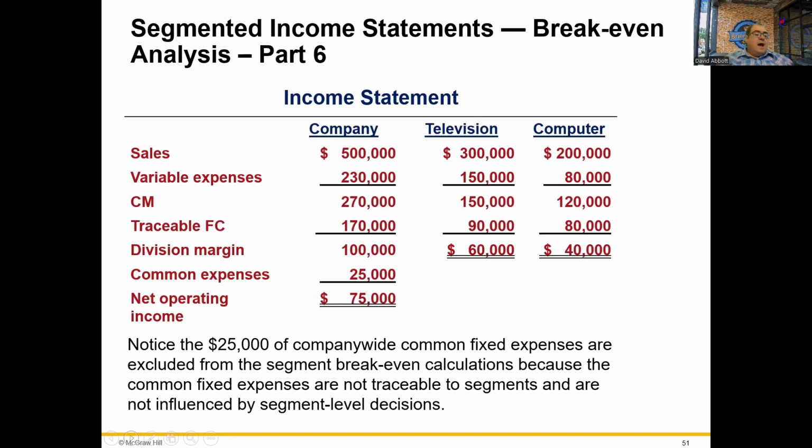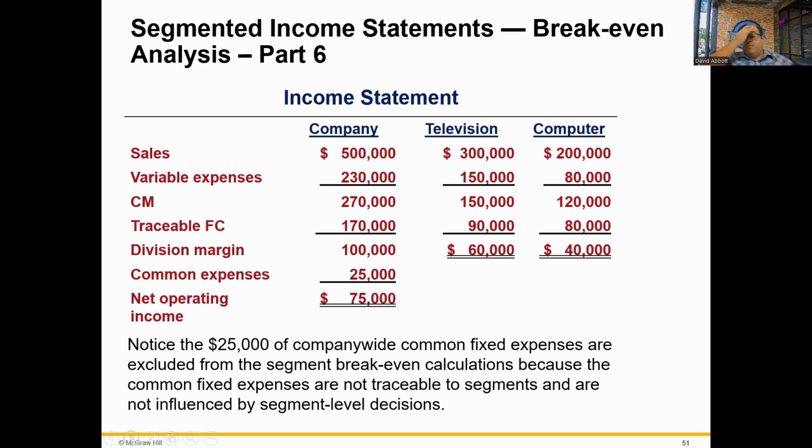Now, notice that the company-wide common fixed costs are excluded from the segment break-even calculations. So we do not include the costs that are common to all. This occurs because the common fixed costs are not traceable to segments and are not influenced by segment level decisions.